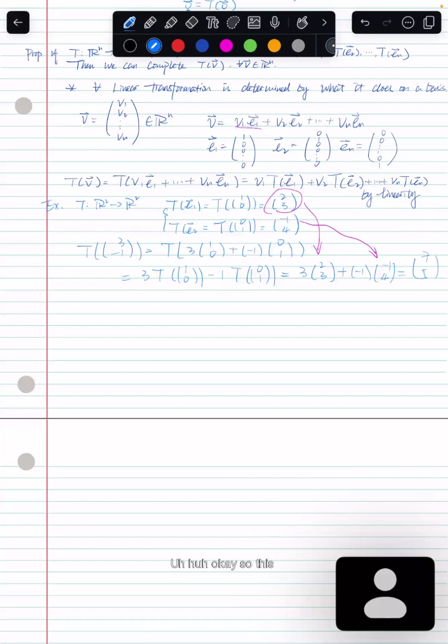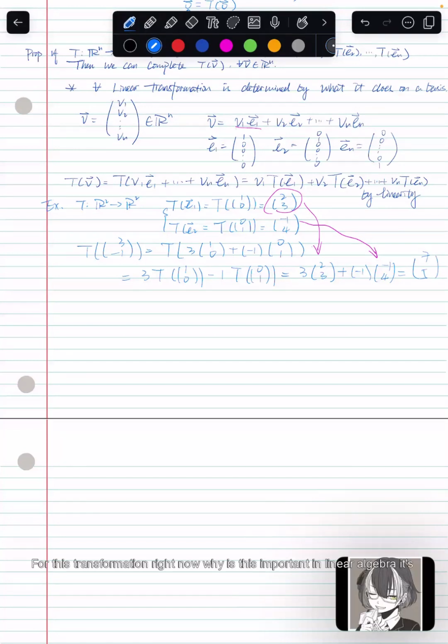So (7, 5) is my result for this transformation.